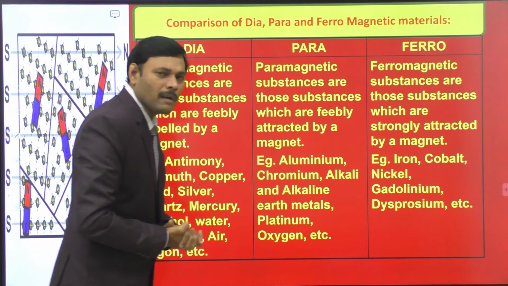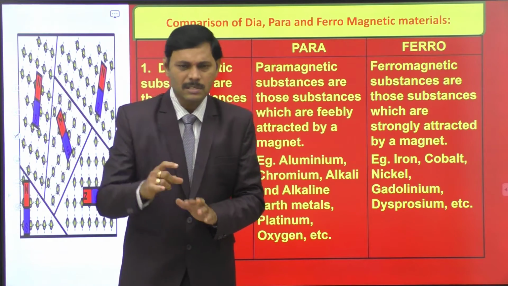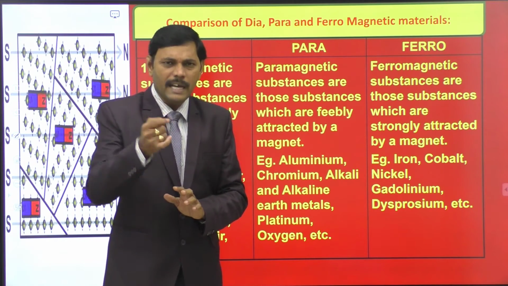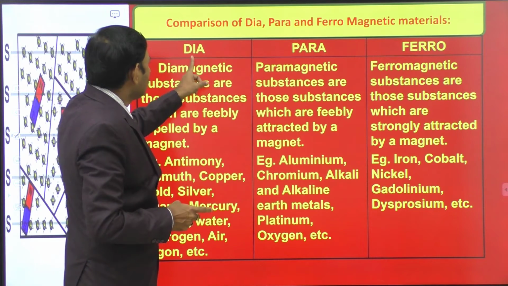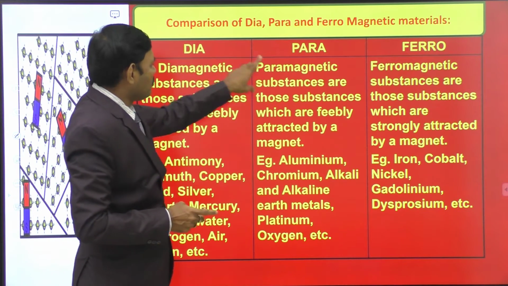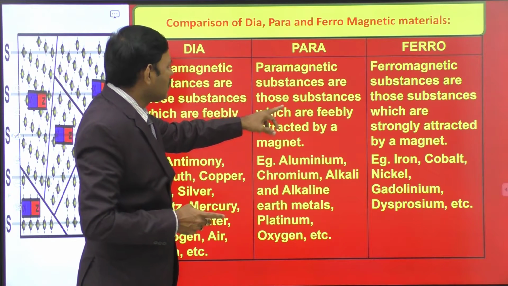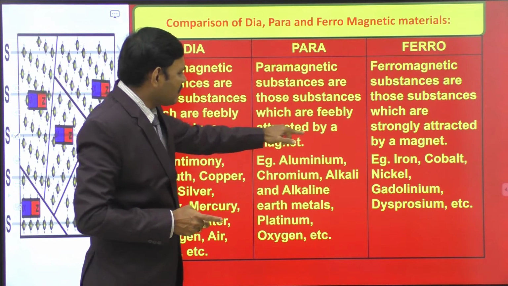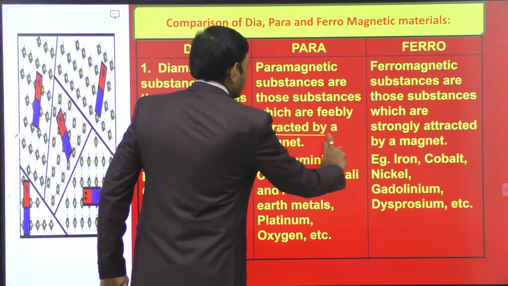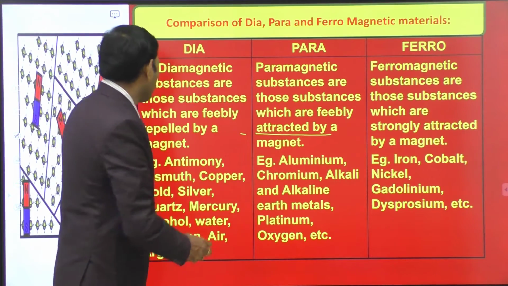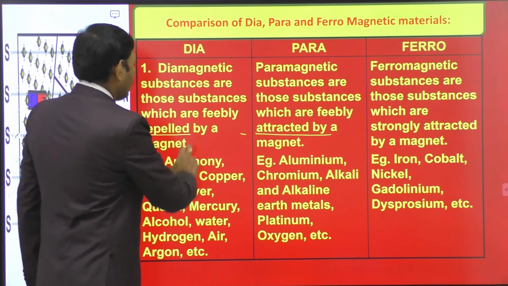substances. Next, paramagnetic substances are substances which are feebly attracted. The definition is quite opposite to that of diamagnetic substances. Substances which are feebly attracted by a magnet, here this is the important thing, feebly attracted. In the previous one, feebly repelled.